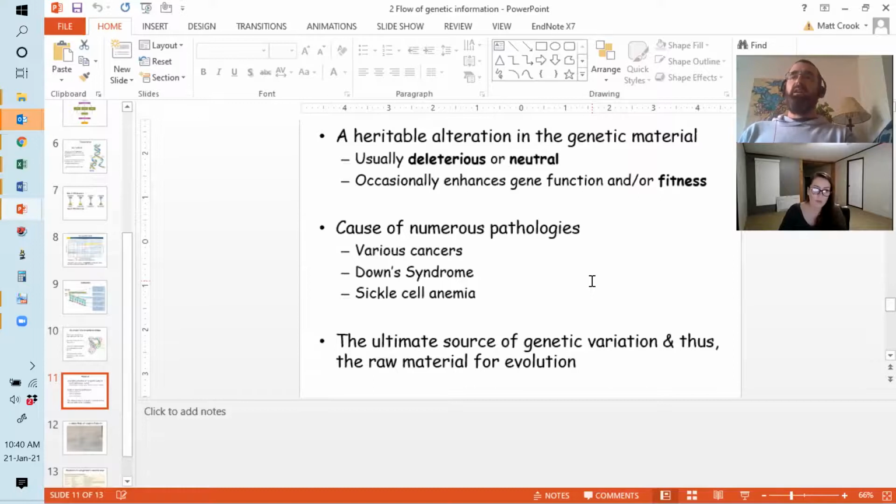The general point to make is mutation is random, right? There's no guiding hand or susceptibility, let's say, to mutation, other than what we're talking about with polyQ genes or trinucleotide repeat diseases, right?